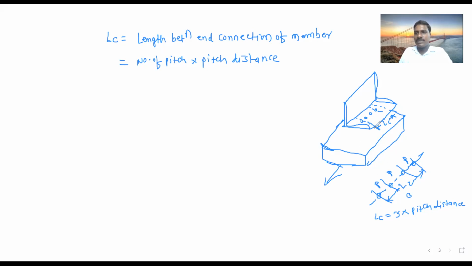As per this figure, I have written this formula.